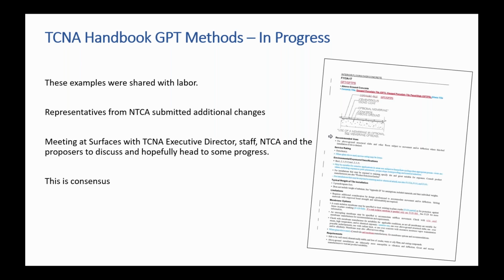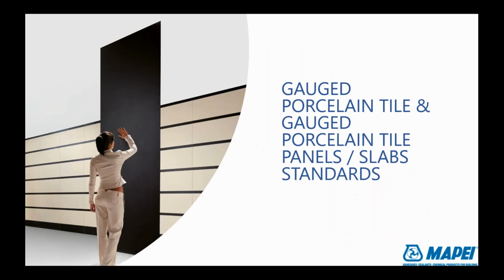In other words, we agreed on format and basic principles of writing, how it should be read, or how it should be written, I should say. Once we've established that for a floor and a wall, TCNA staff can go and edit the rest of them. So a lot of work has gone into this. I'd tell you right now that the GPT methods for the TCNA handbook have probably been worked on for at least 4 years now. So it's a lot of work, but hopefully we'll have a great tool when we get done. That's the goal anyway.